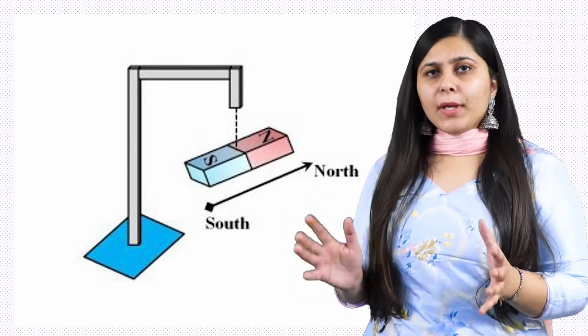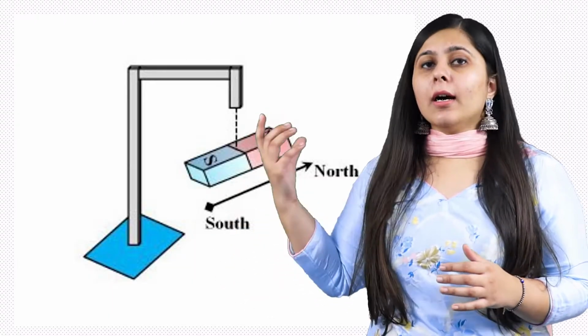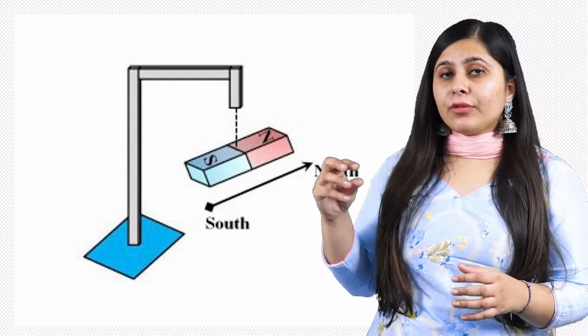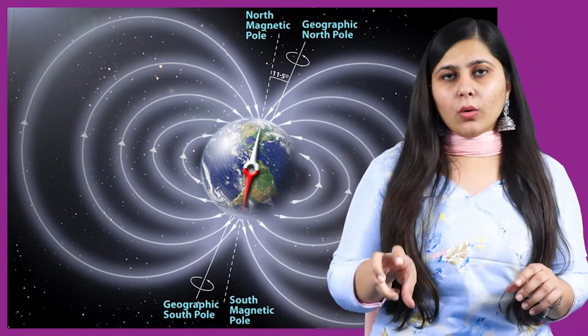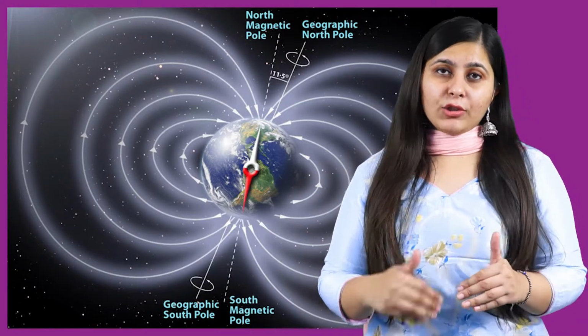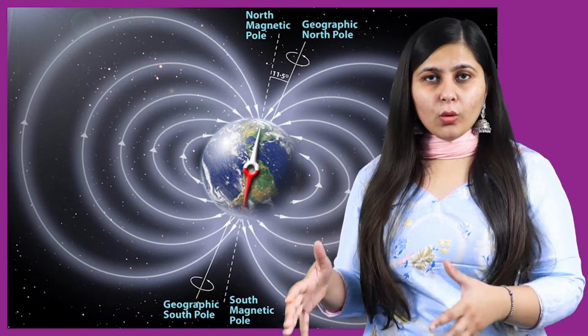This is an observation that the scientists have made, because whenever we tie a magnet to a thread, it freely aligns itself in the north-south direction. Now what is the reason that our scientists gave us for why a magnet aligns itself in the north-south direction? There is a lodestone, or we can say a natural magnet, lying in the core of the earth.